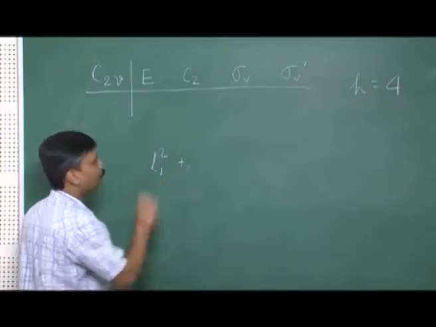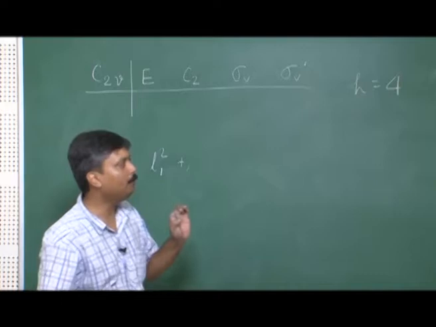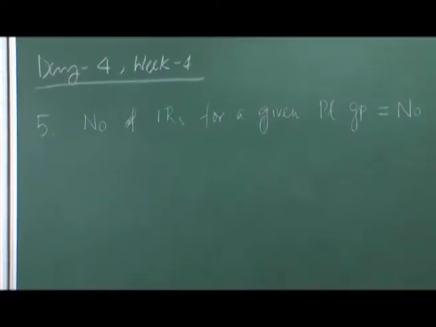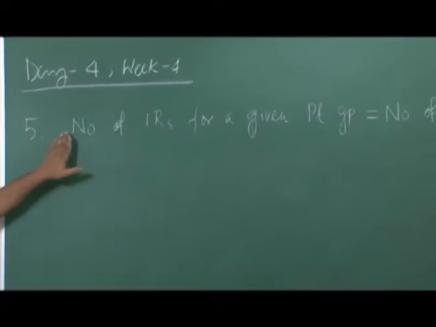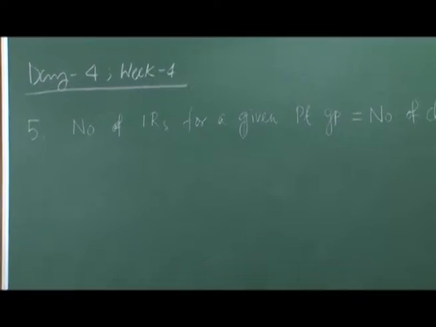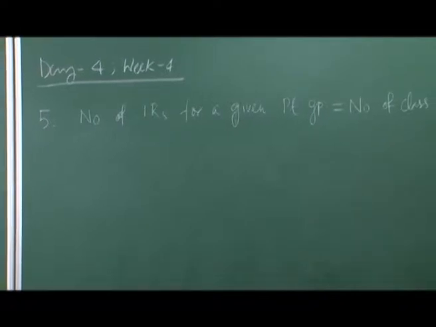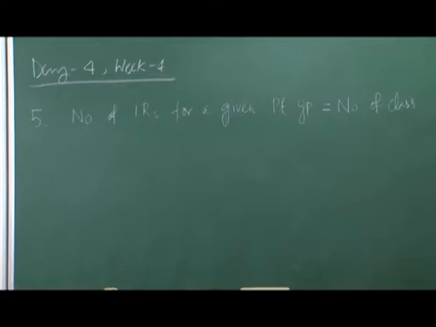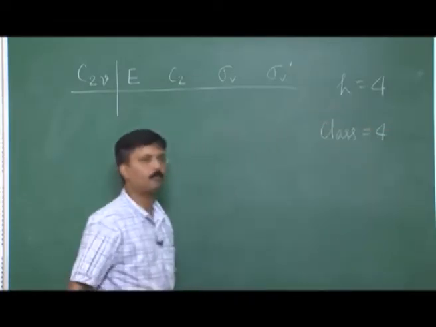Now before even going here, I can take the help of this particular rule, which will really help me. How? I will know the number of irreducible representations that is possible. Here I have 4 different classes, so the number of classes is also 4.